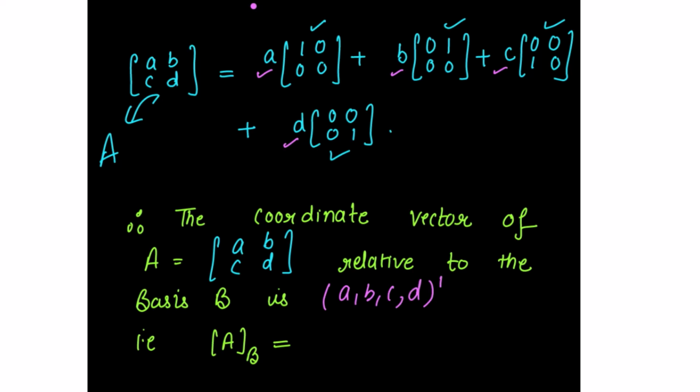The coordinate vector is denoted relative to the basis B, so this is (A, B, C, D) transpose, right? Let's move on to the solution now.